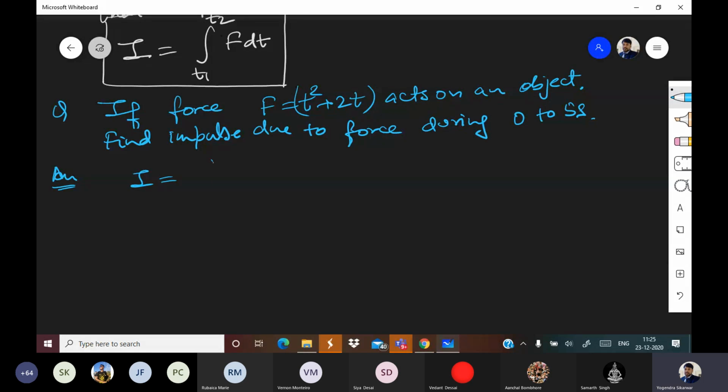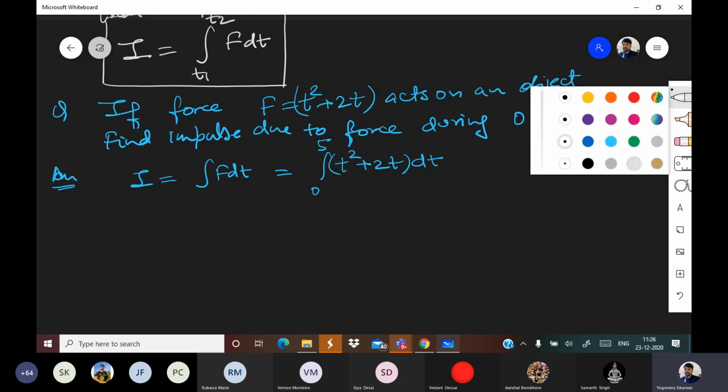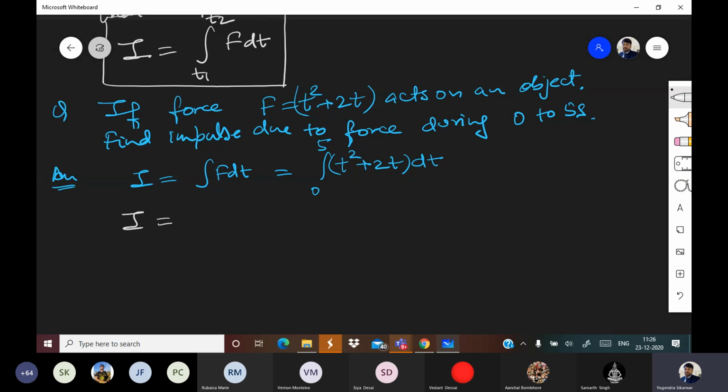So I will be the integration of F dt, which is the integration of t square plus 2t dt, with limits from 0 to 5. So I will be the integration from 0 to 5 of t square dt plus 2 times the integration of t dt from 0 to 5.